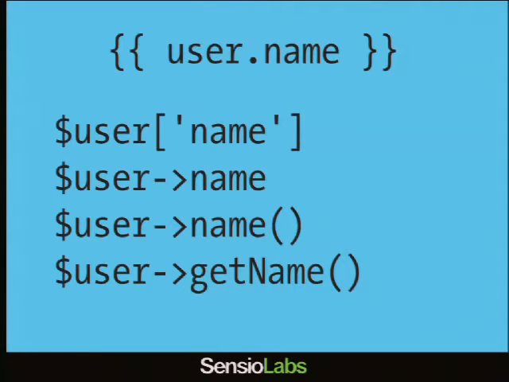Right? So that's a great way to let the web designer work alone without any PHP code, and then at some point switch to the real structure of the variables.